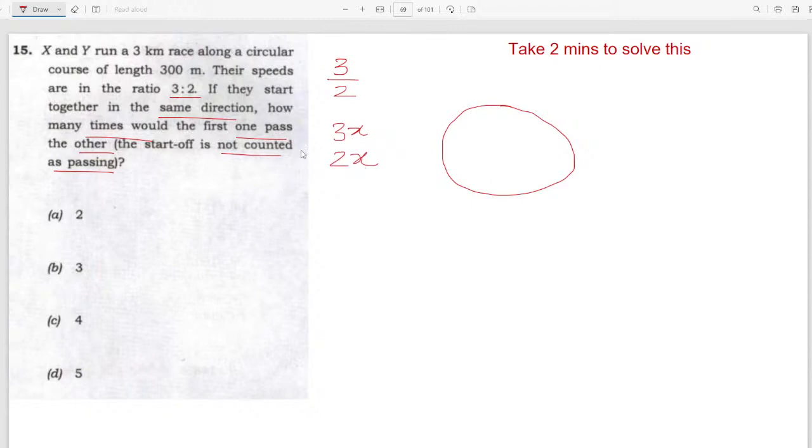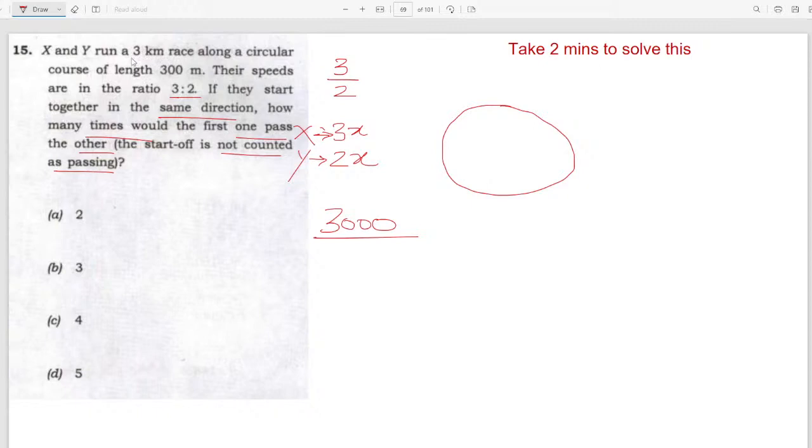So this is for capital X. His speed is 3 into small x. Y's speed is 2 into small x. Because the speeds are in the ratio of 3:2.